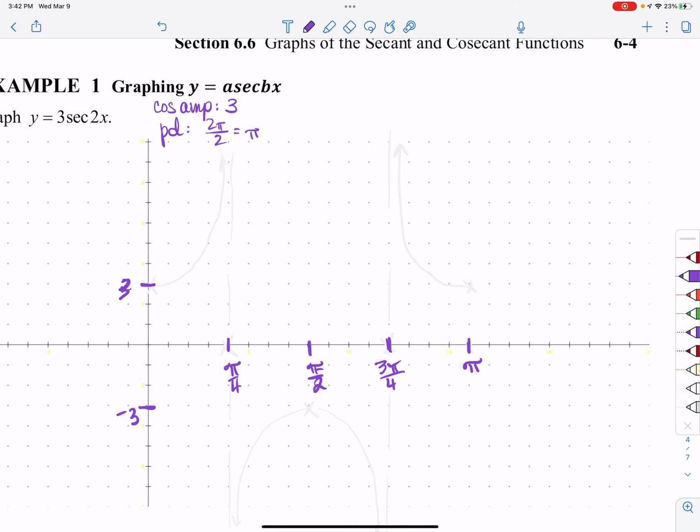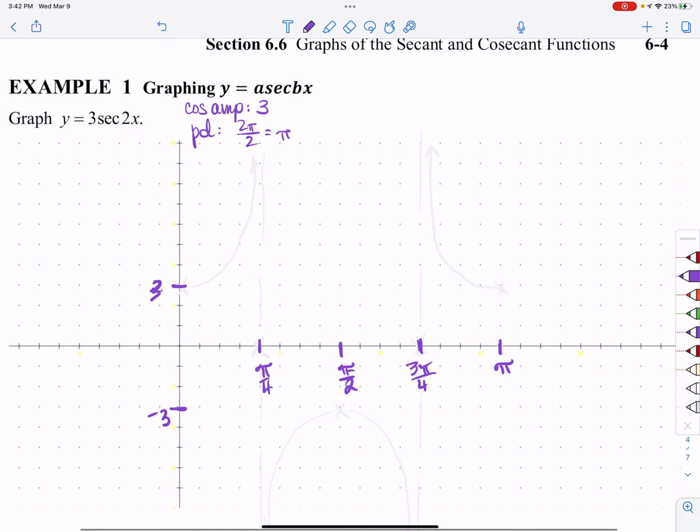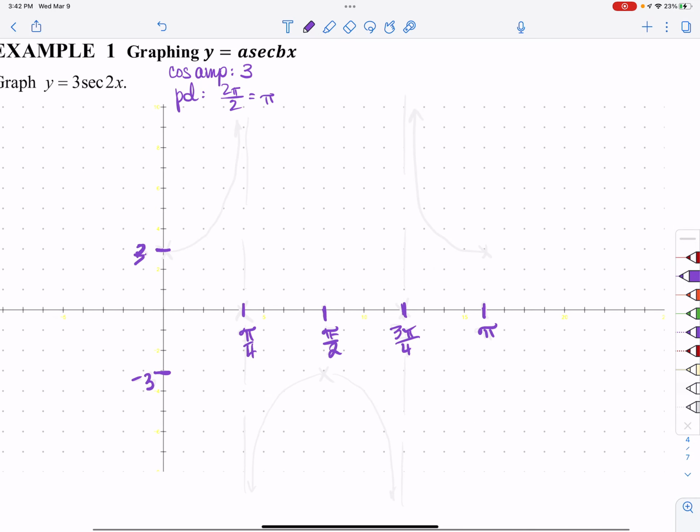All right, so what we're going to do is, since the partner graph is cosine, just graph your 5 major values as though it's a cosine graph. So cosines begin at the maximum. It also ends at the maximum. The minimum is going to be in the middle, and my x-intercepts will be at the quarters. Wherever I have x-intercepts, this is going to be my secant asymptote.